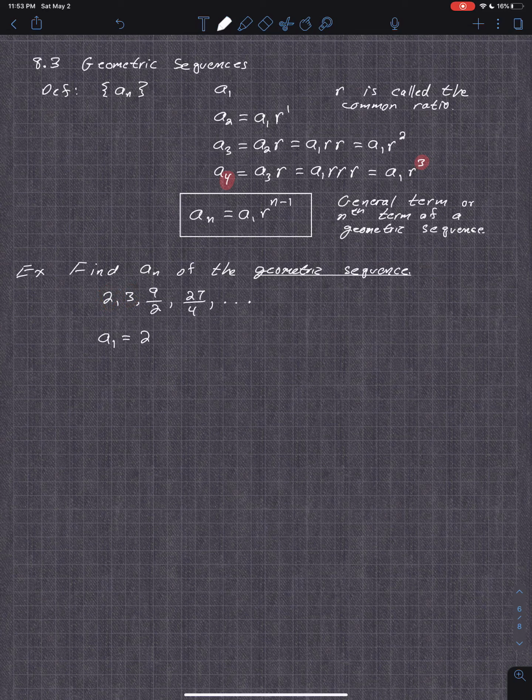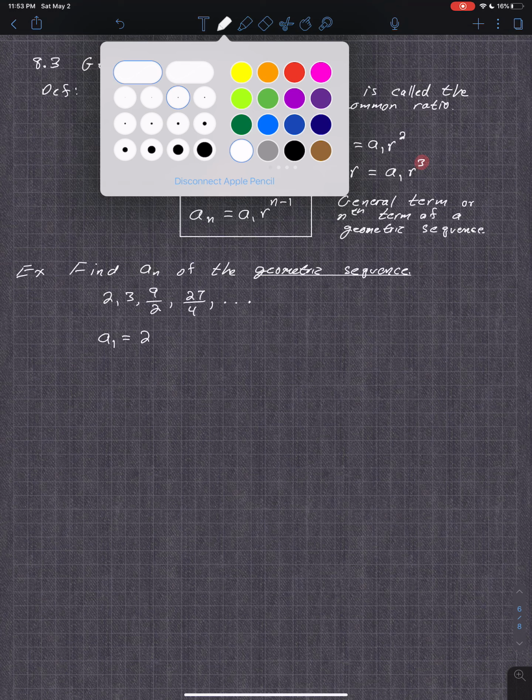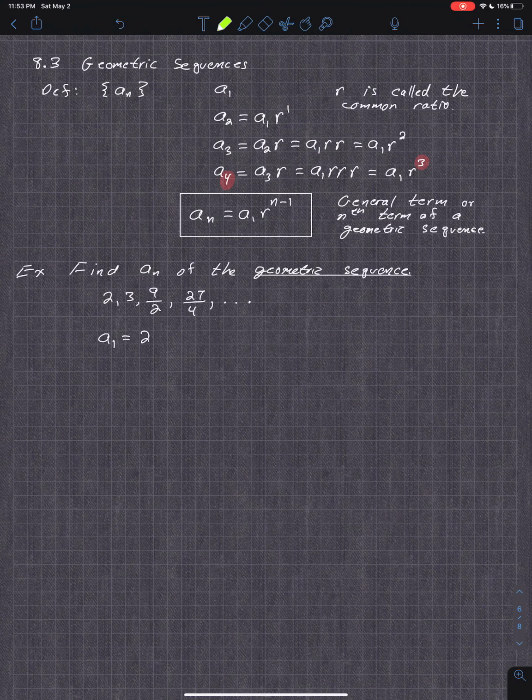So r is, write this down, you're going to need r. r is always a sub n plus 1 over a sub n. Next over previous, sometimes is how I think of it. It's not really the previous because you have to be at something, but anyway, it's a sub n plus 1 over a sub n. That's really how it's defined.